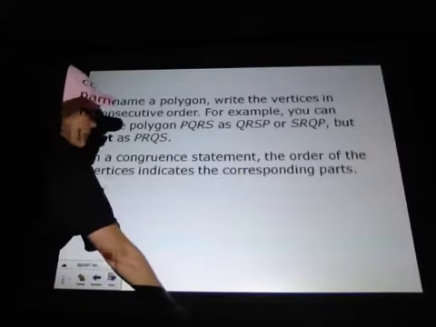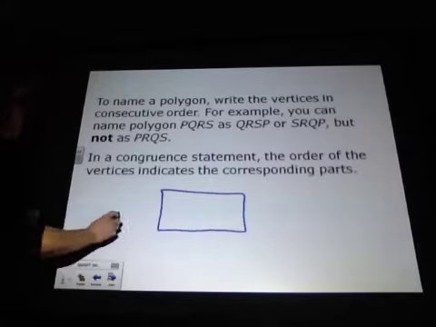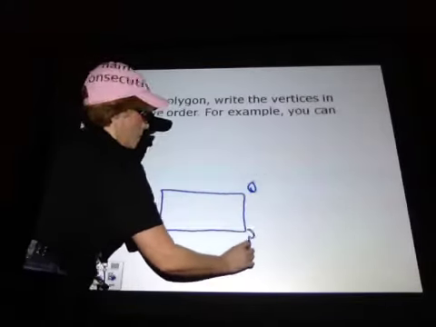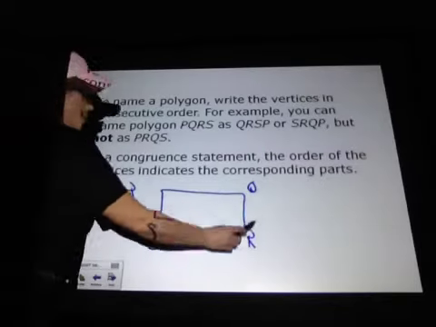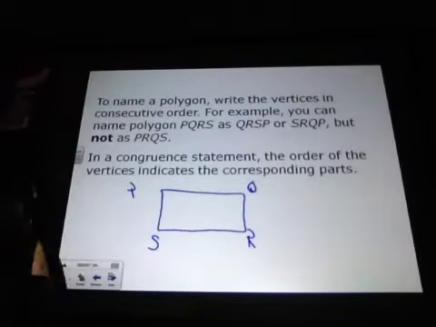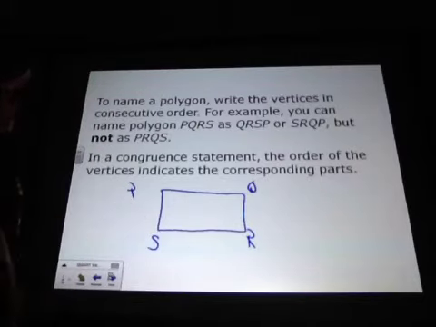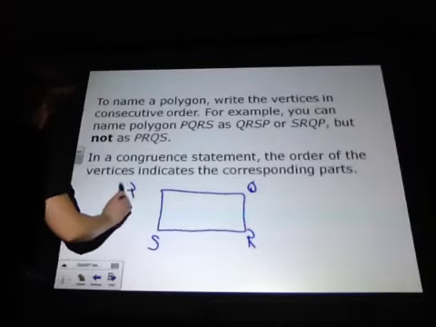To name a polygon, let's say we have polygon PQRS. You can name a polygon in consecutive order. So you can say PQRS. You can say QRSP. Or you can go the other way. You can say SRQP.